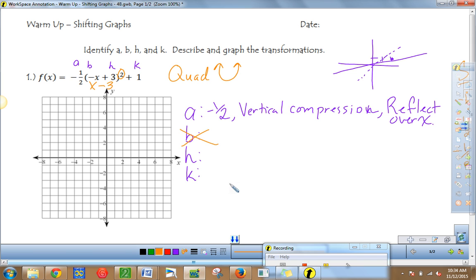H is 3, or H is negative 3. It depends on how you view it. Does it matter that much? As long as you know what H does. H is a little goofy.